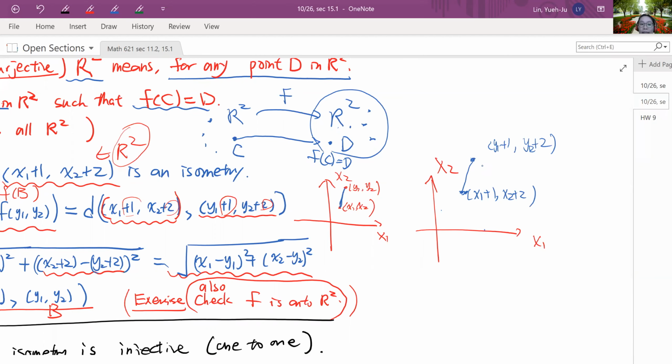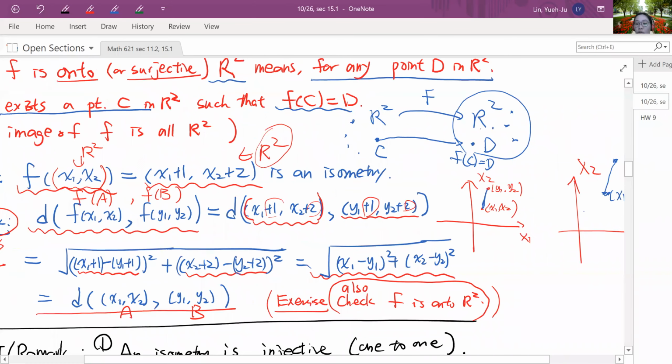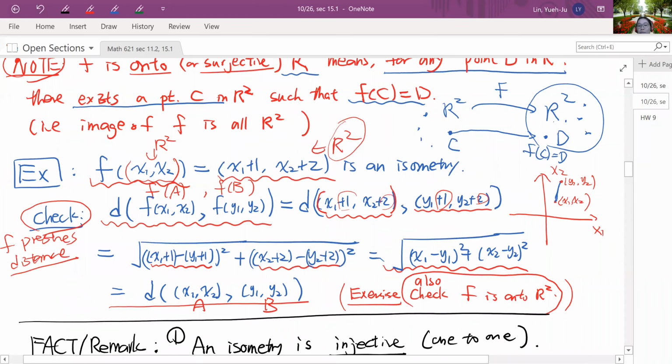Because I gave you an explicit function, you can really check it. But imagine later on, we are going to do a more abstract geometric map. For example, I can tell you it's a translation, but the way I define translation is not an explicit map, but rather tells you geometrically how to do a translation.